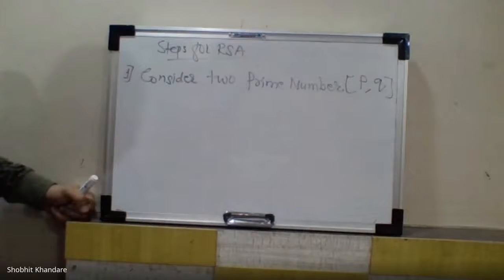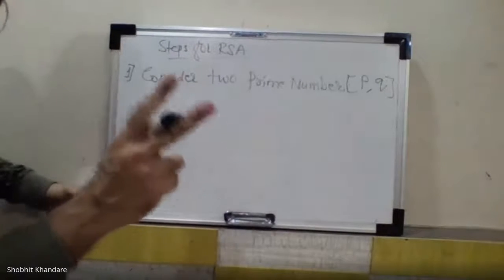So you have prime numbers 3, 5, 7, 11, 13. These are the different prime numbers we have. So we have to consider two prime numbers.